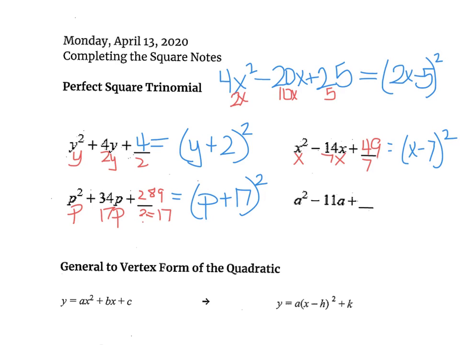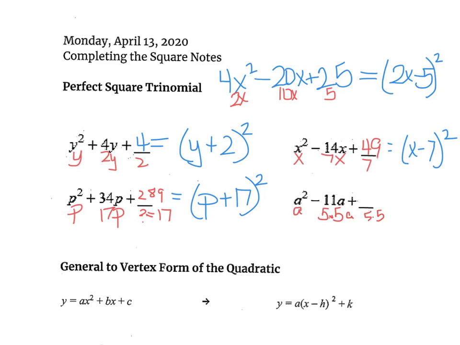Okay, now this last one, last example here. We're going to get fractions this time. Let's start in the middle again. What do you double to get 11a? Well, that's 5.5a. 5.5 a's double to give you 11a. 5.5a comes from multiplying a times 5.5.